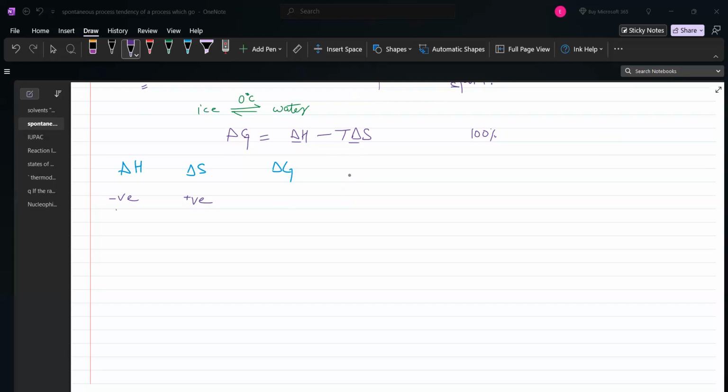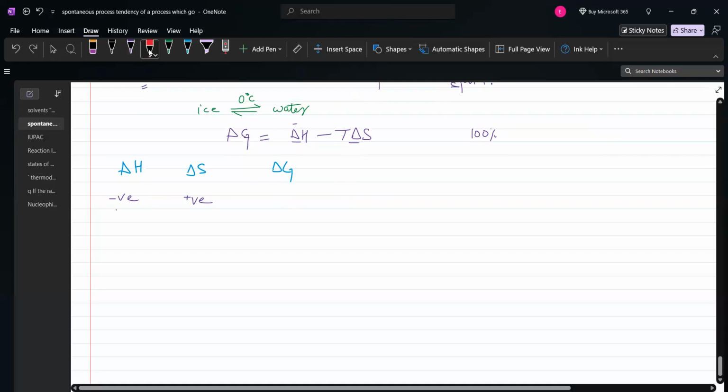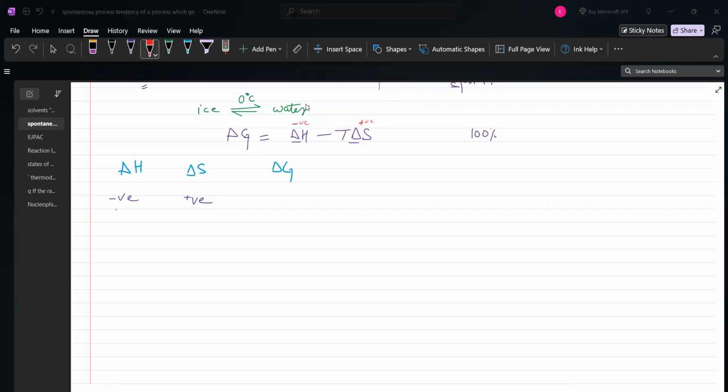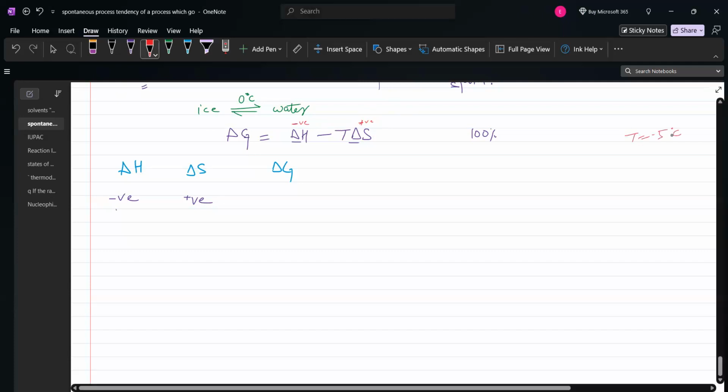Okay, got it. So let's see here. In this case, delta H is negative and delta S is positive. So this term is negative and the whole thing is positive. Temperature will always be positive in chemistry. You see, temperature can be -5 degrees Celsius also, right?